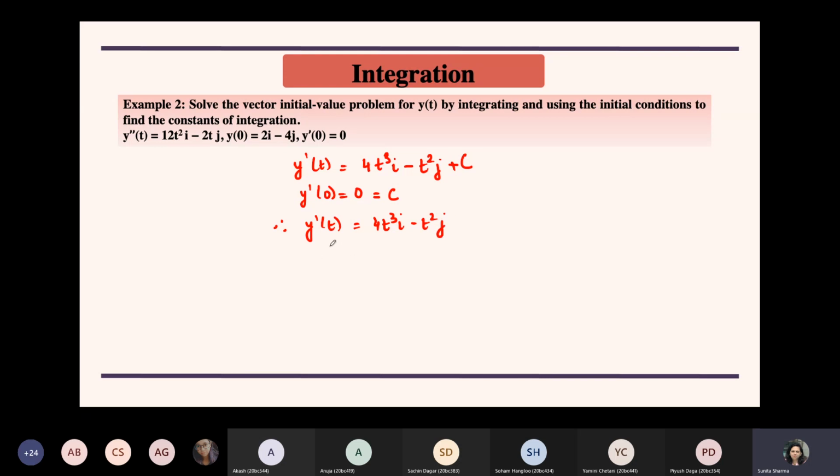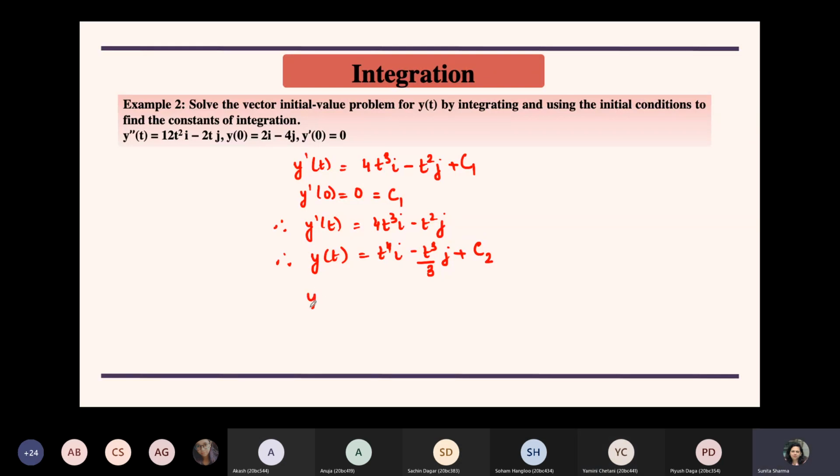Okay, next again, when you integrate, what do you get? t to the power 4 i minus t cubed by 3 j plus c. And if you want you can use a different c here, c1 here and then c2 here. Okay, and then use the given condition.